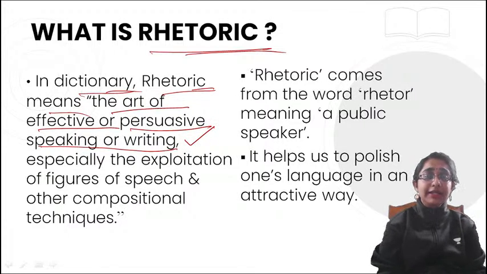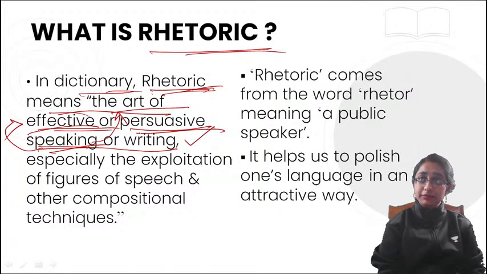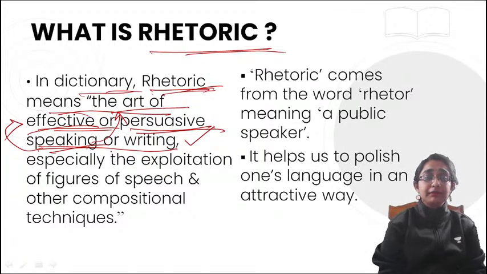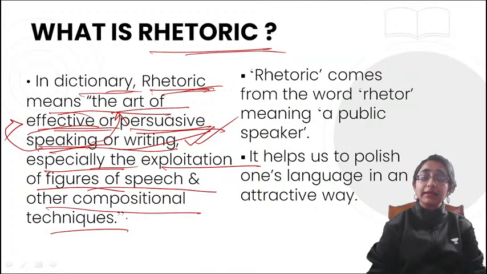So in dictionary it is mentioned that rhetoric means the art of effective or persuasive speaking. So the speaking must be effective and also persuasive, okay, and also in writing, especially the exploitation of figures of speech and other compositional techniques.